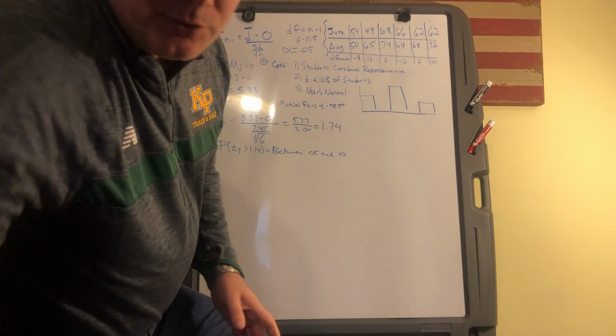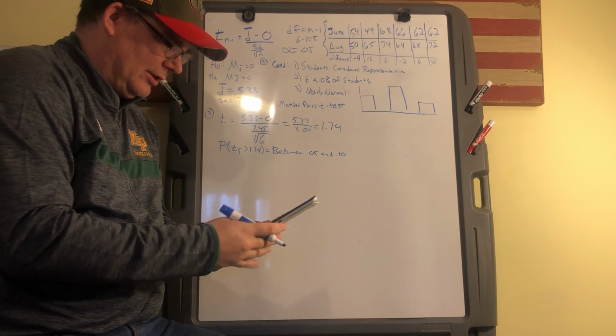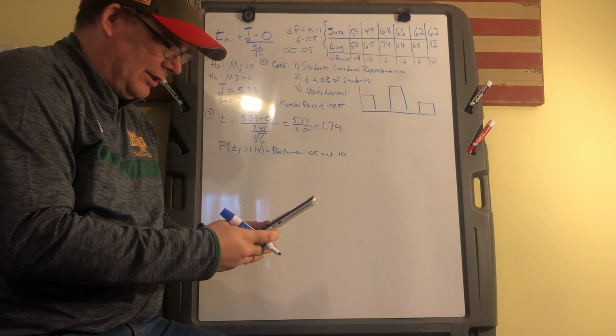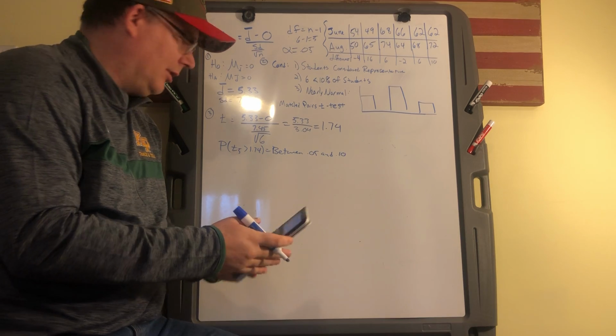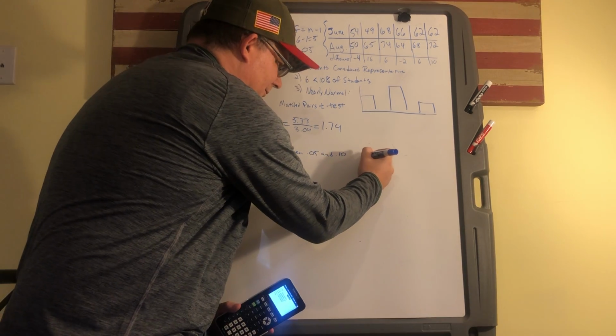All right. We can do our t-test now on the calculator to get the exact value. It turns out to be 0.07.